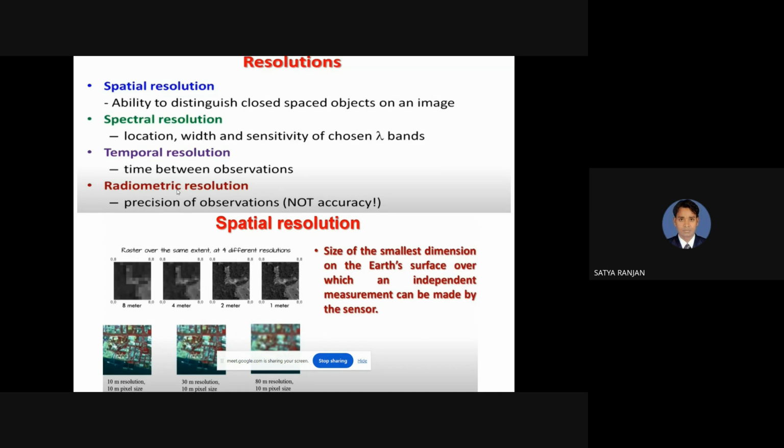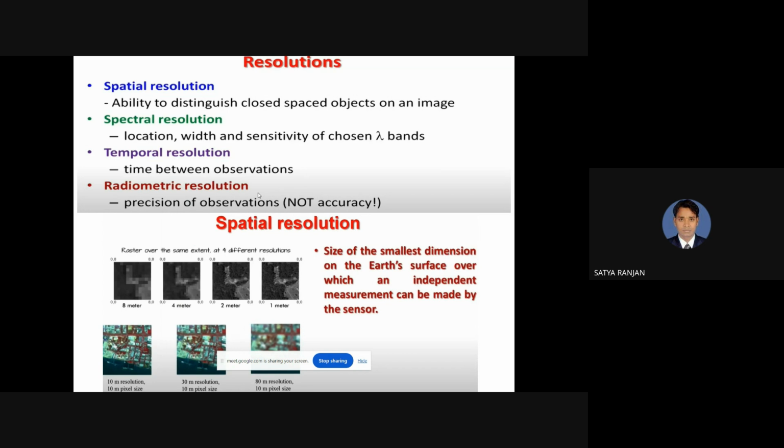So if the radiometric resolution is very high, then color variations are very high. So it is very useful for identification of objects. For detailed identification, we need high spatial resolution data with high spectral resolution and high radiometric resolution.